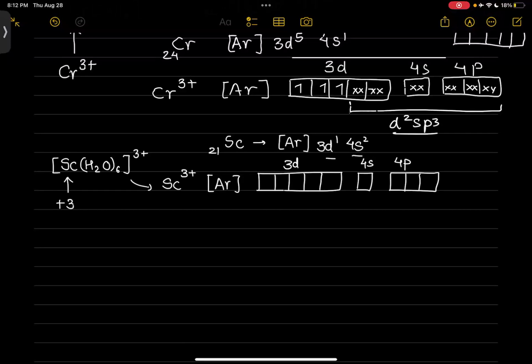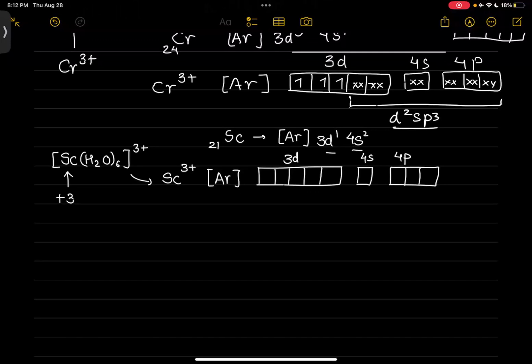Now we have 6 ligands. So what should be the geometry for 6 ligands? Aisha and Marwa, tell me. What should be the geometry of 6 ligands? Either it should be octahedral.